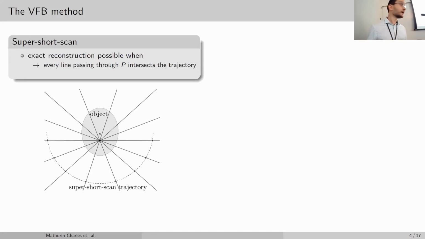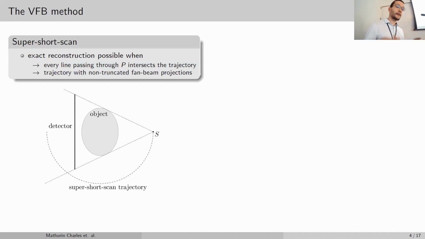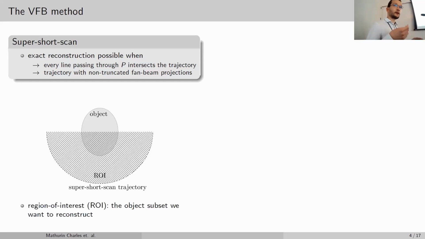This is why. If we consider a point P, and every line passing through P intersects the trajectory, and the trajectory is composed of non-truncated projections, so that the detector is large enough for every source position, then we can perform exact reconstruction on this point P. Here, it gives us as a region of interest the convex hull of the trajectory.